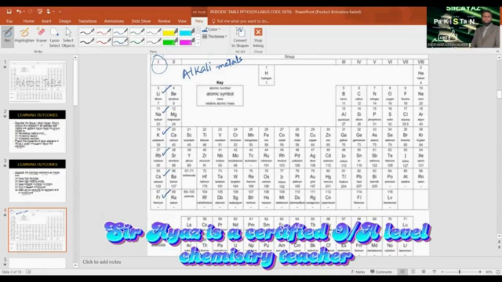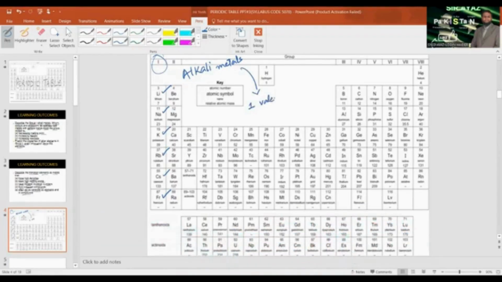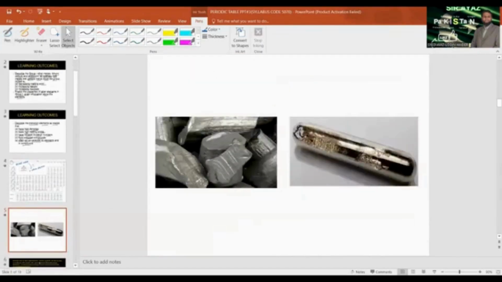These all are alkali metals as they are in group 1. So they have 1 valence electron. Remember, group number tells us the number of electrons present in the valence shell.